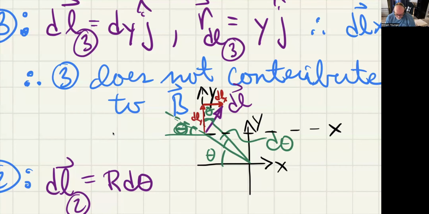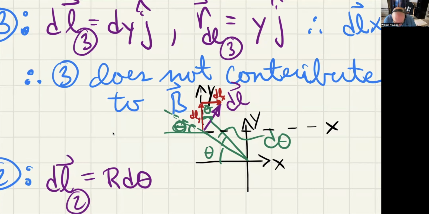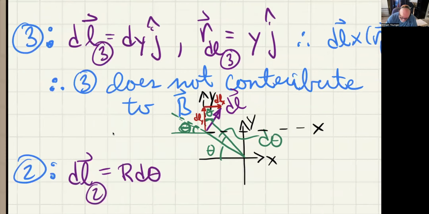And in fact, we can see that the x component should be positive dL sine theta, and the y component should be positive dL cosine theta.